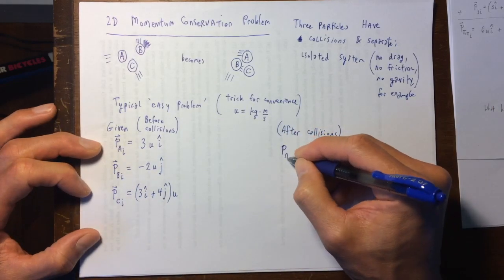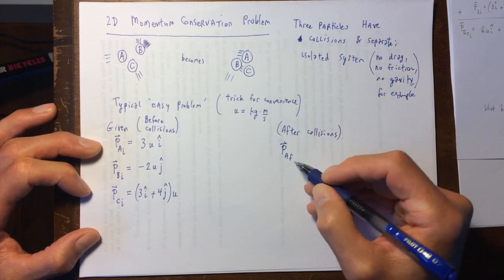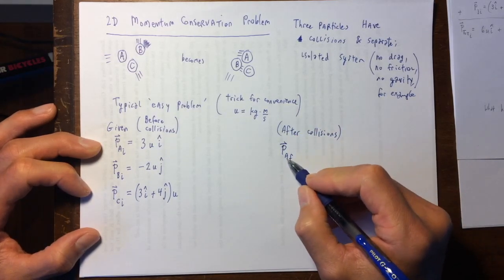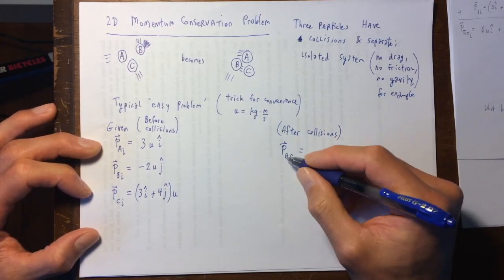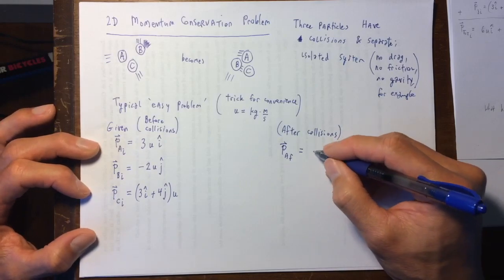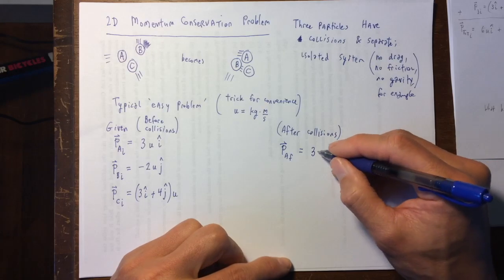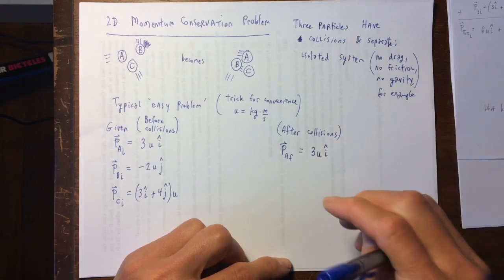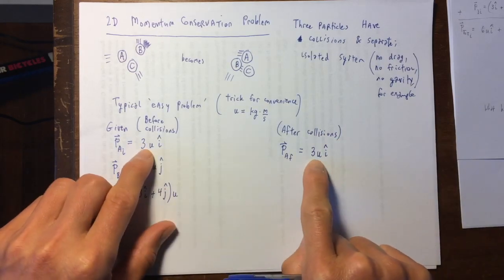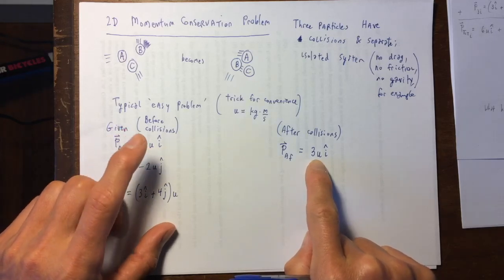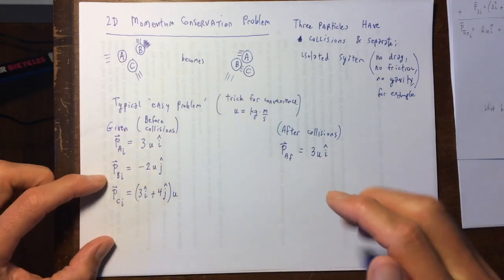So PA final, so this is the final value of object A's momentum. So this is kind of funny. In this particular problem, what happens is the momentum is unchanged from before to after.